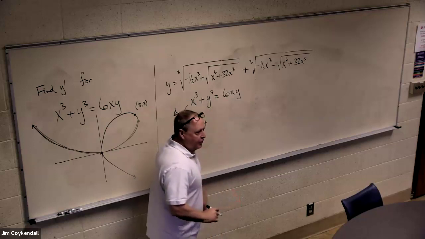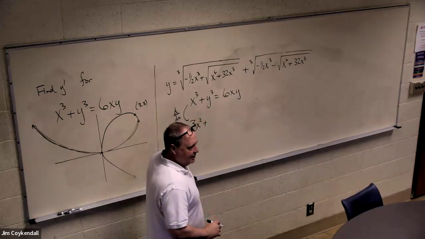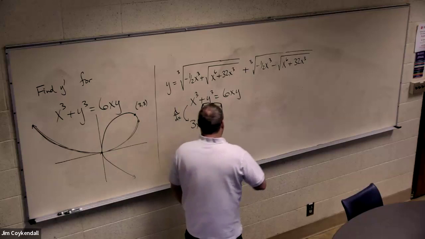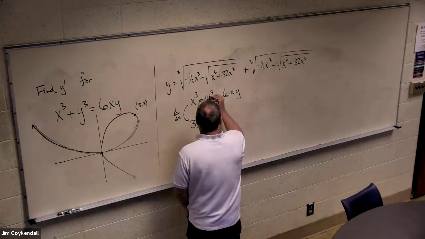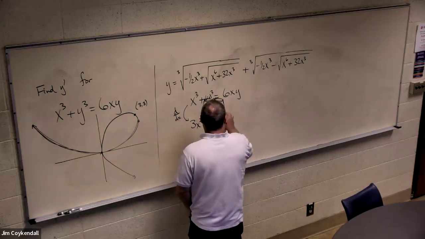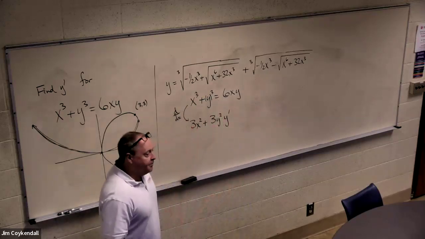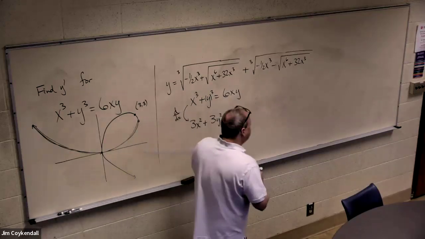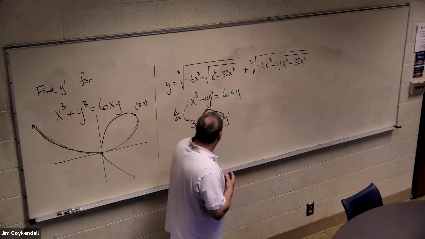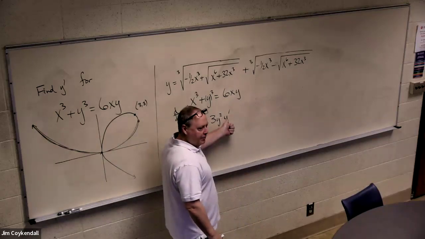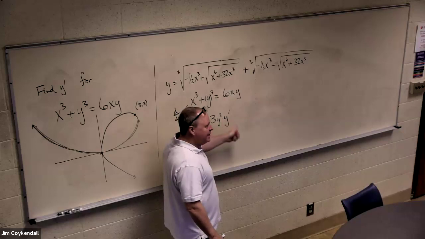What's the derivative of y cubed? Chain rule. By the way, be honest with me. How many of you are a little bit puzzled by the fact that there's a y prime opposite? Yeah, it's a little strange.